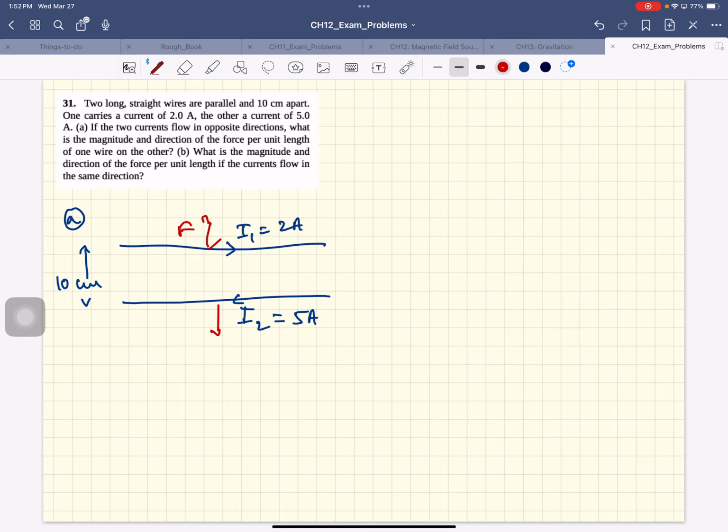The field produced by him there, B2, is in this direction, and the force he'll exert, I cross B2, will be a force in that direction. Anyway, opposite currents repel each other, and the force per unit length is given by mu naught I1 I2 divided by 2 pi r, where r is the distance between them.